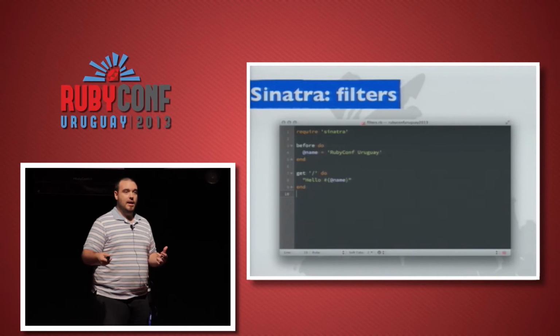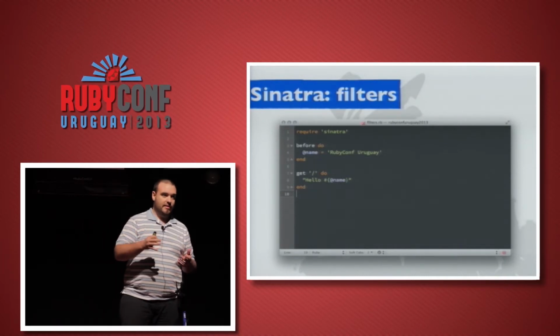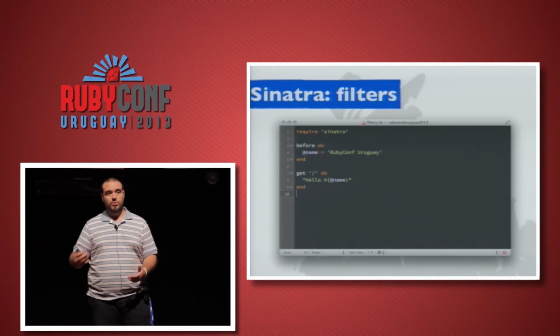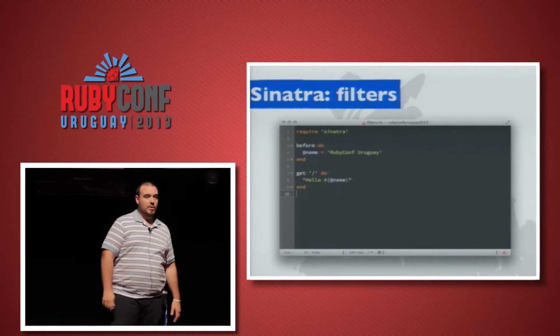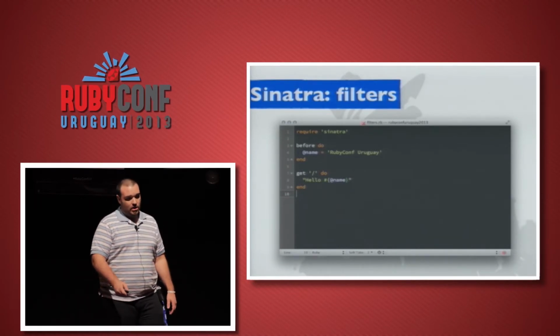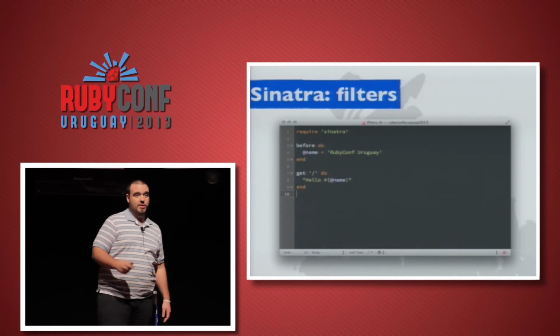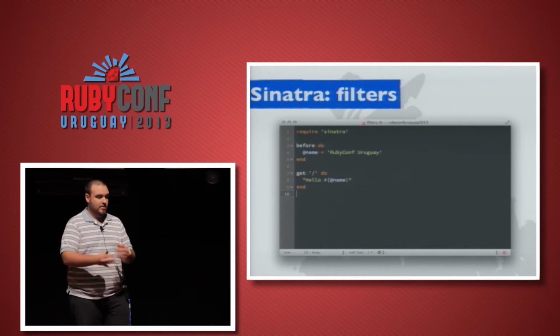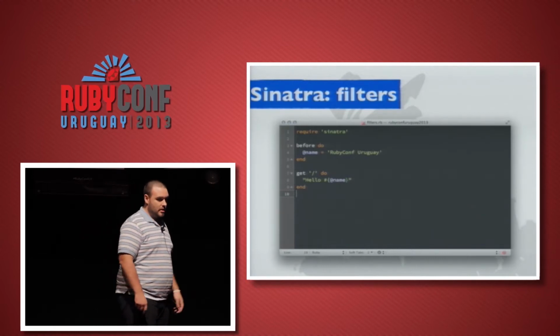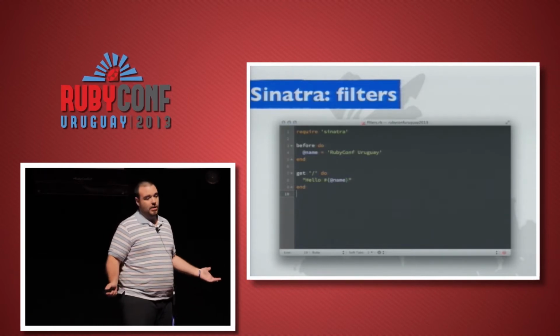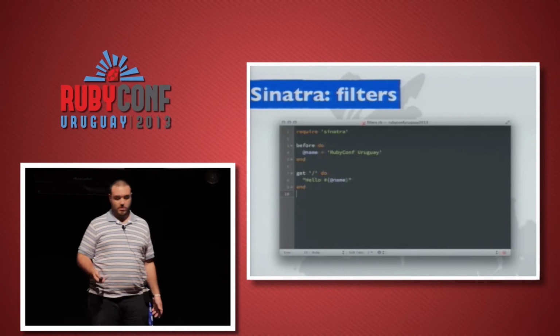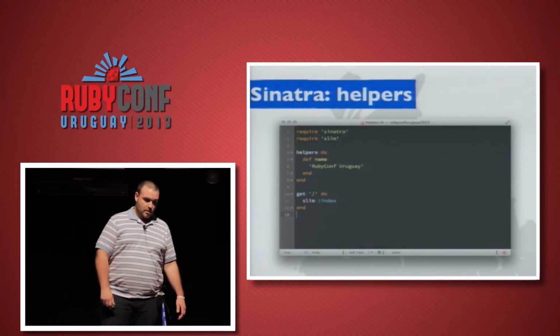We also have filters to execute actions before all the routes or a set of routes are executed, or some specific one. In this case, what we'll do is set a name variable, and what we're going to do is return hello RubyConf Uruguay.